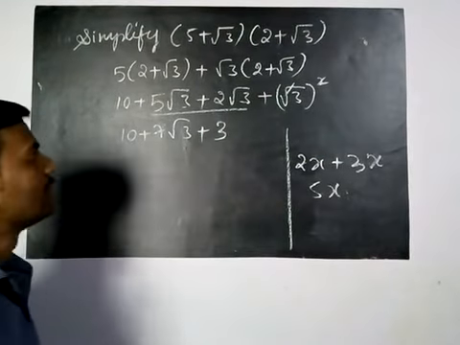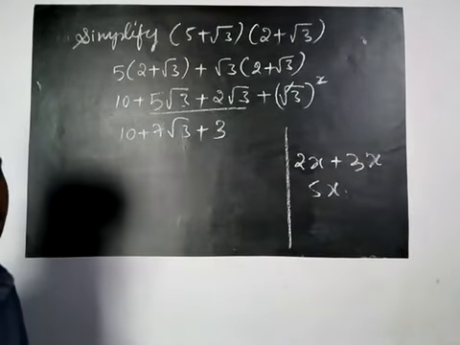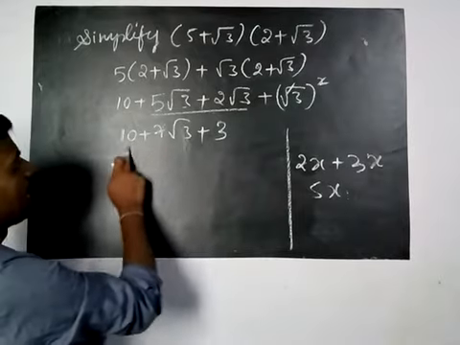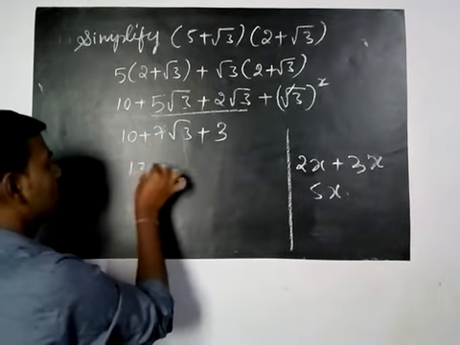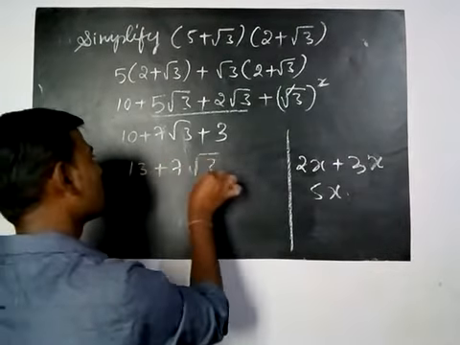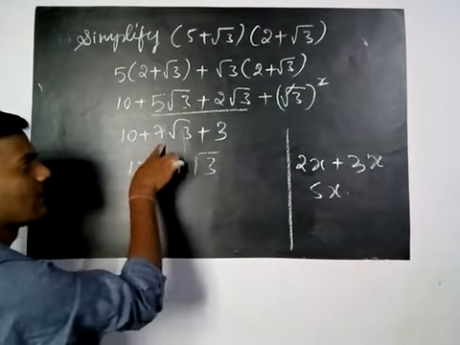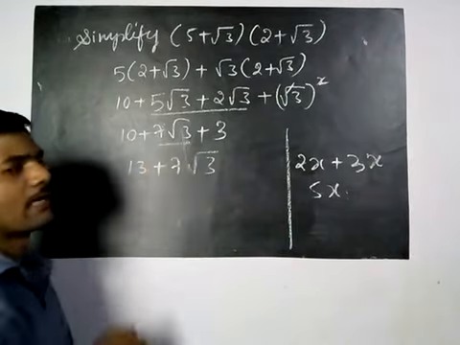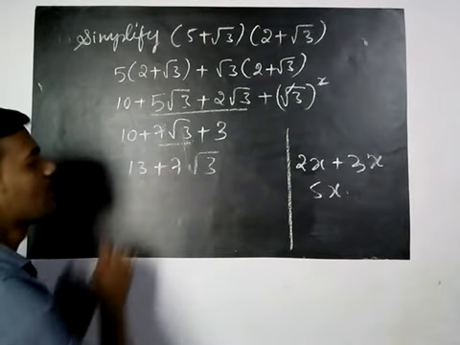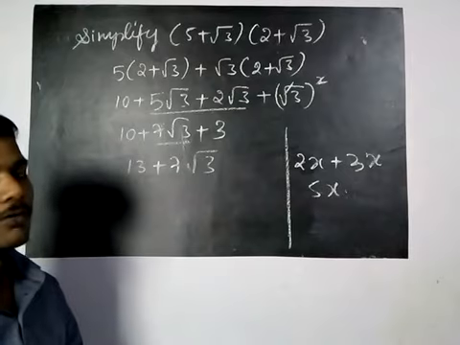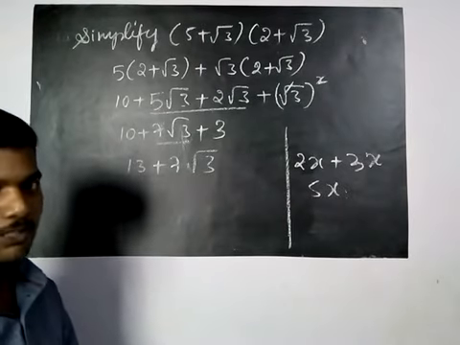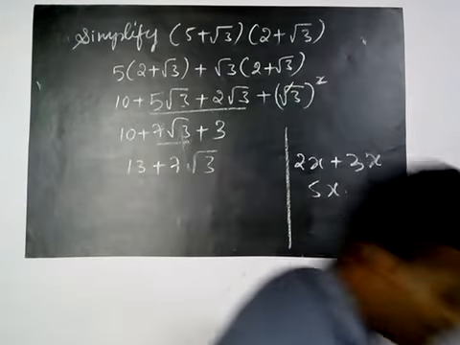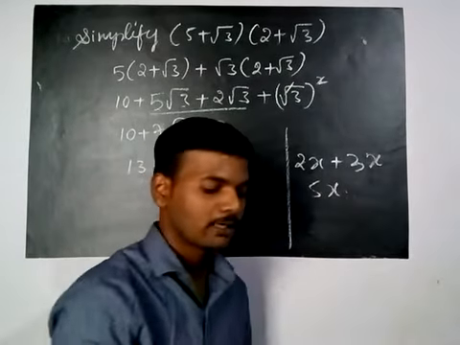Okay. If there are any possibilities to simplify, yes, of course there is a possibility to simplify them. 10 plus 3, 13 plus 7 root 3, and this 7 should not be added with this because it is an irrational number and this is the rational or whole number. Got the points? Okay, by practicing these we'll get the idea more.